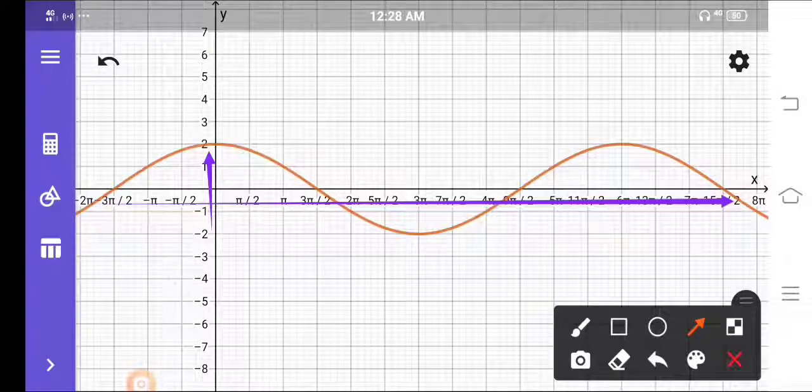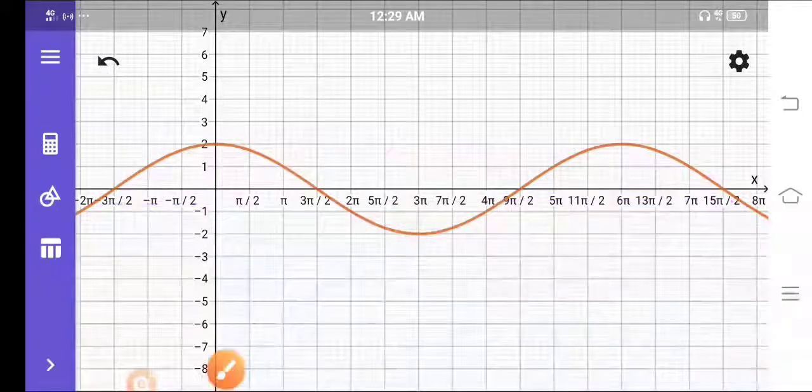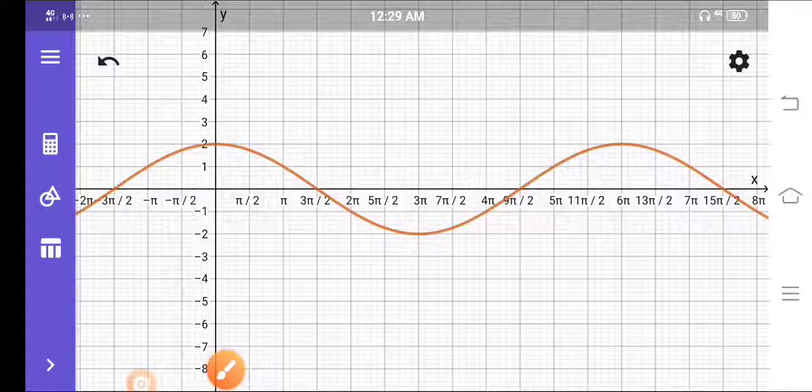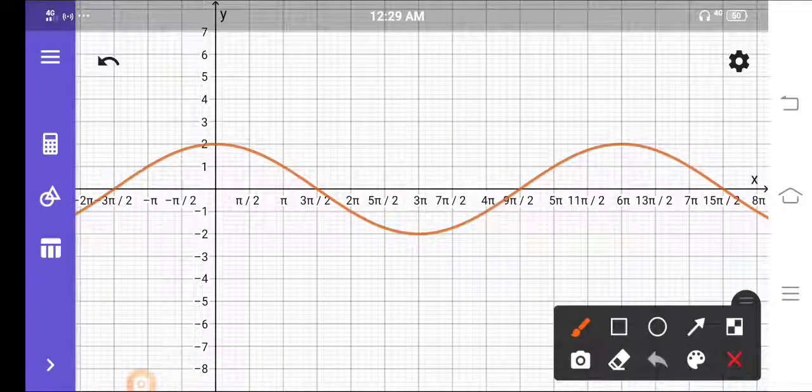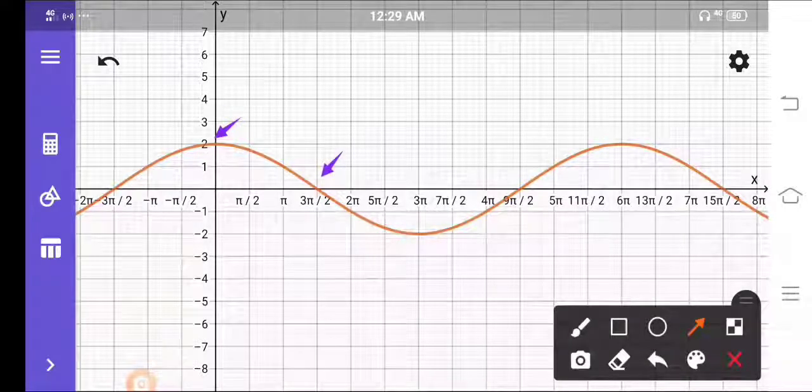So to sum it up, our amplitude is 2, the minimum value is negative 2, the maximum value is 2, the period is 6 pi, and the key points are 0 and 2, 3 pi over 2 and 0, 3 pi and negative 2, 9 pi over 2 and 0, and 6 pi and 2.